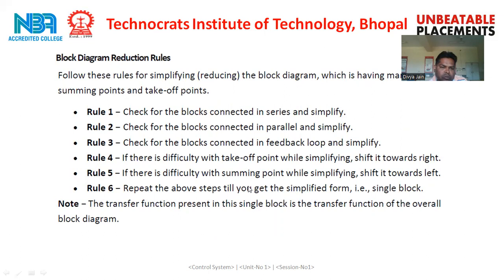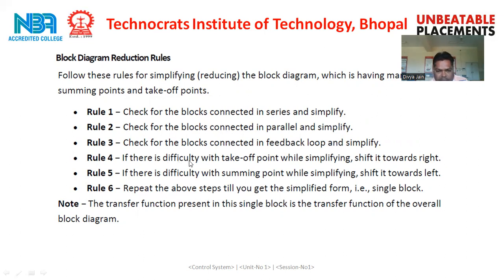And this is the basic rule of block diagram reduction. First of all, we will check the blocks which are connected in series. If any blocks are connected in series, first of all we will solve those blocks. Secondly, if the blocks are parallel, then they will be simplified. Thirdly, if there is any closed loop path, we will solve this closed loop path.